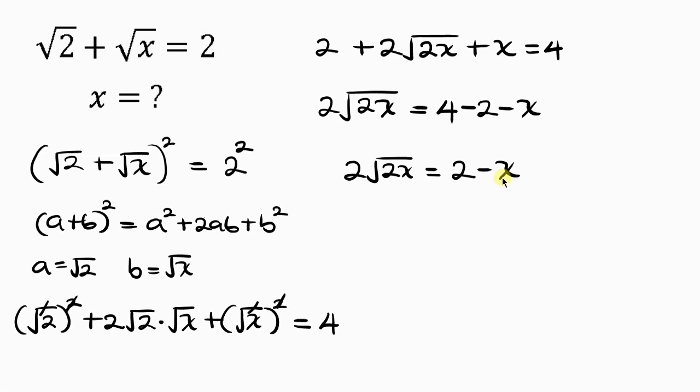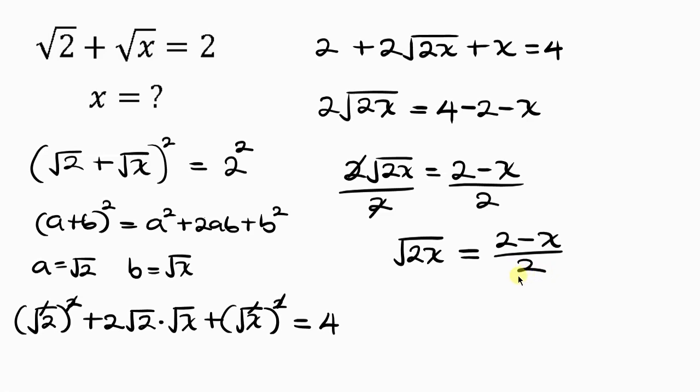Our next step will be for us to divide both sides by 2 in order to isolate the radical. So divide the left-hand side by 2 and also divide the right-hand side by 2. Now notice that 2 can cancel off 2, leaving behind the square root of 2x equal to 2 minus x all over 2.